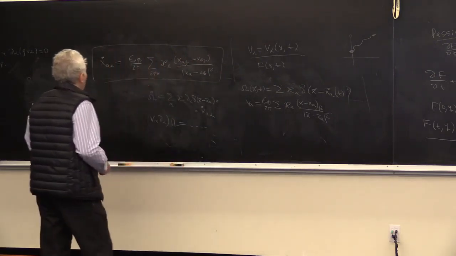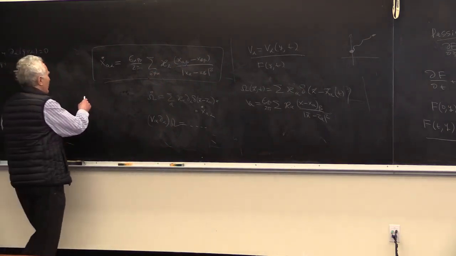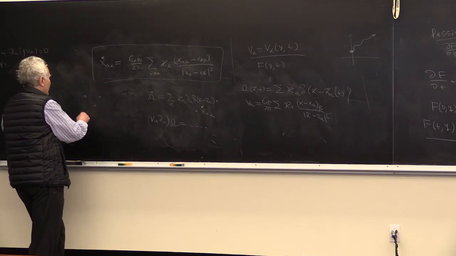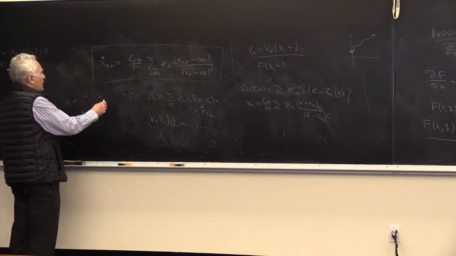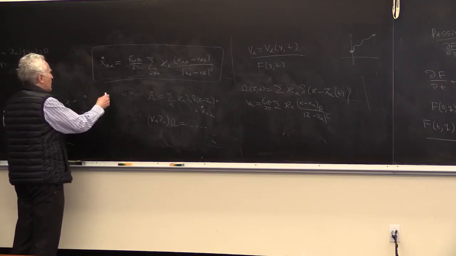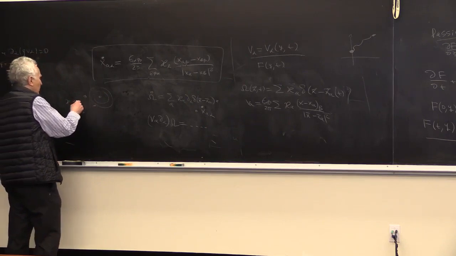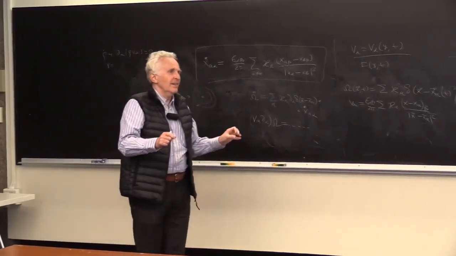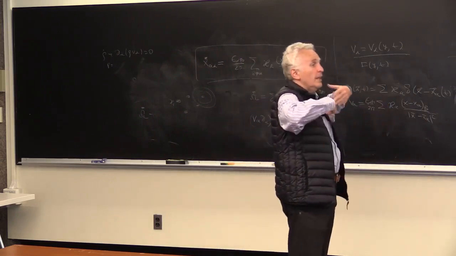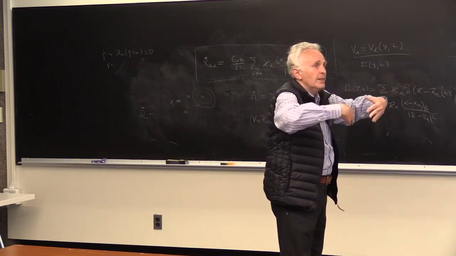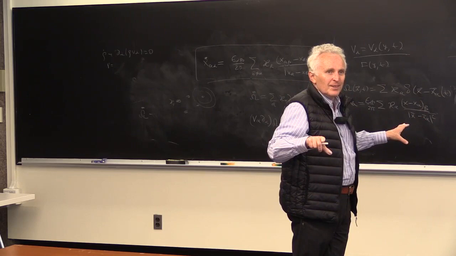You see? So what it tells you is something very nice. You have all these different vortices with different vorticities and so on, each of which creates its own velocity field. But each given vortex moves in the velocity field created by all other vortices.